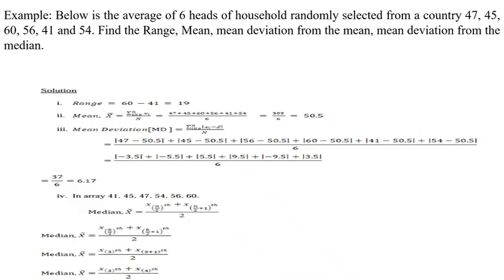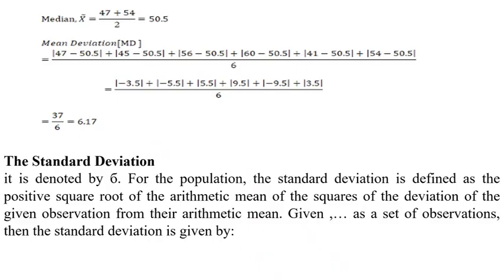The figure in the third position is 47, plus the one in the fourth position is 54. Therefore, we add 47 plus 54 together, and the median will be 47 plus 54 divided by 2, which will give us 50.5.